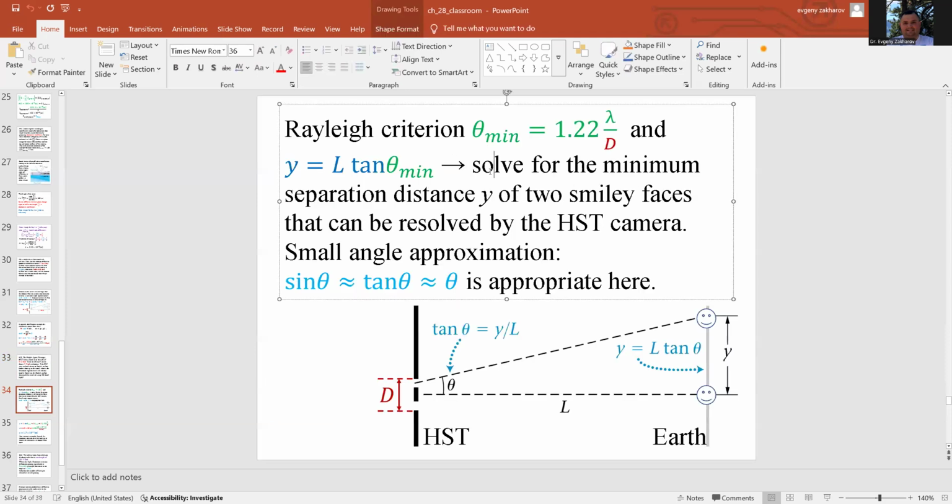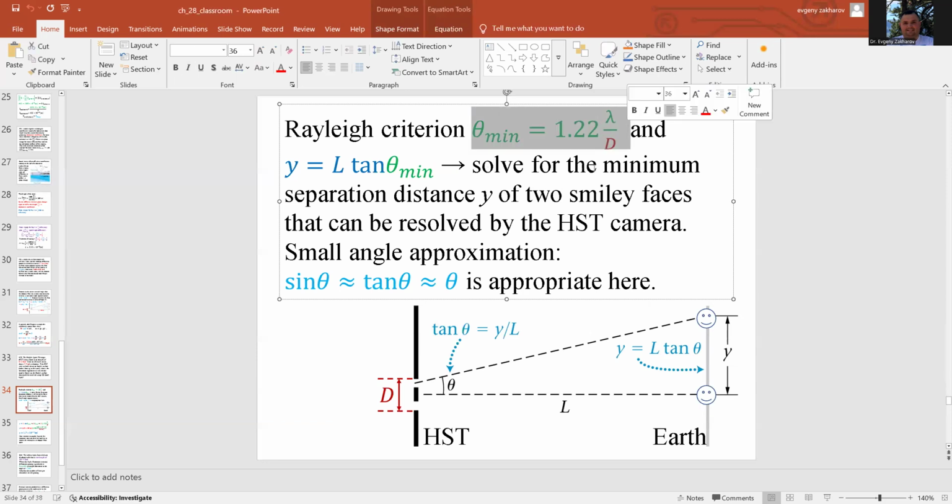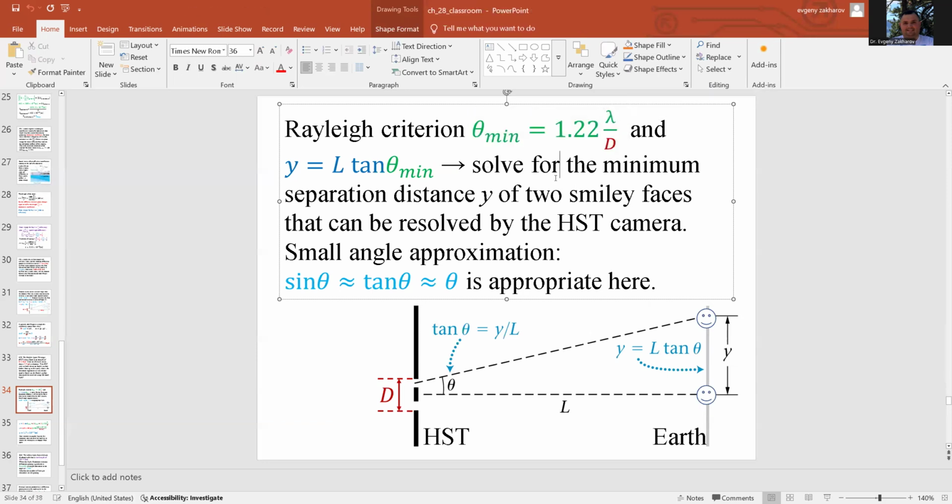So for the minimum angular resolution, there is a Rayleigh criterion. That's the formula. Don't ask me why it's 1.22. It's a long analysis from many different experiments. The moral of the story is there is a 1.22 coefficient, and there is a ratio between a wavelength and the opening, what we call the aperture. When you're taking pictures, it's going to be the size of the mirror that is given.